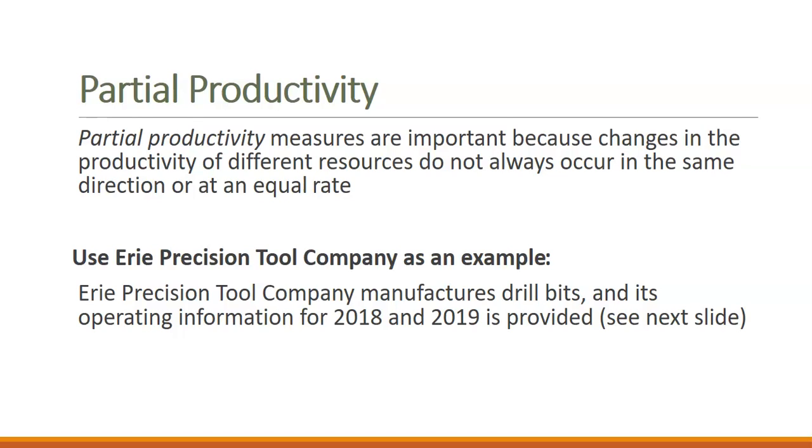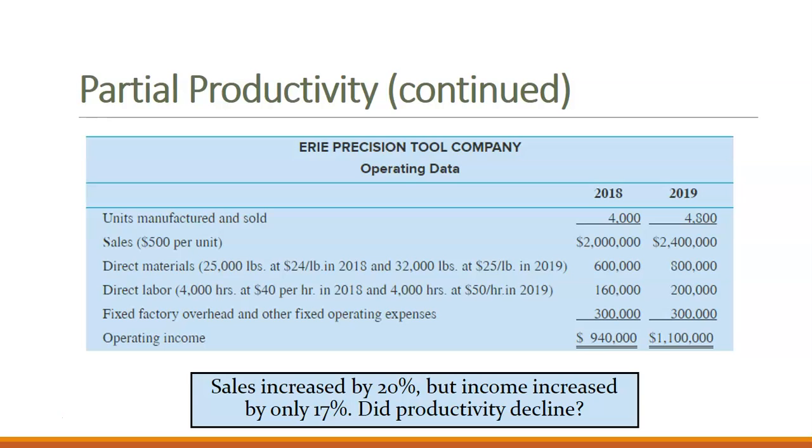We're going to look at a tool company throughout these examples. Partial productivity measures are important because changes in productivity don't always occur in the same direction, at an equal rate, or use resources in the same way. In this example, we see that sales increased by 20%, but income increased by only 17%.